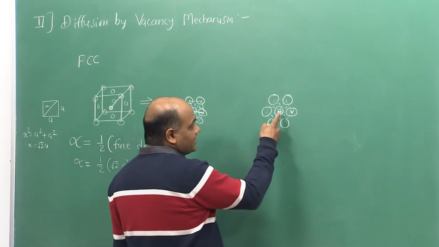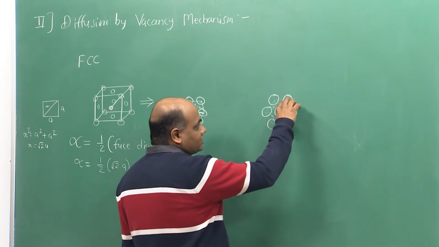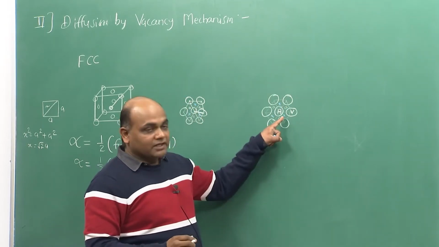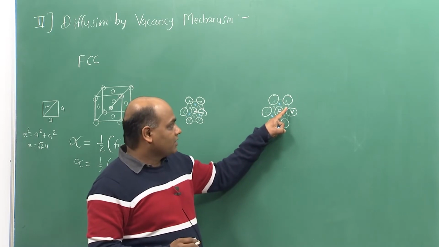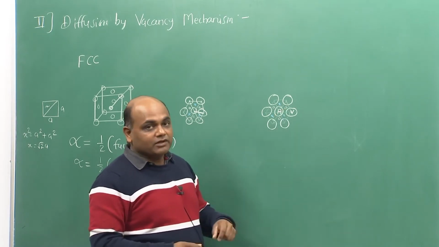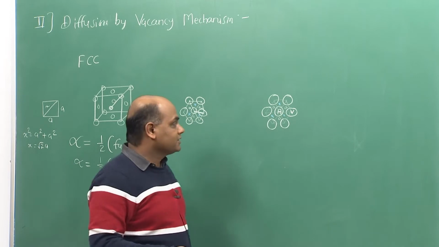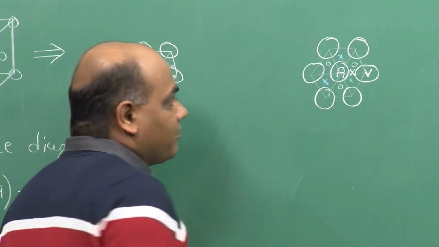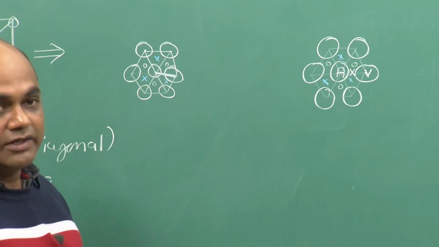We can see that these two atoms have to be pushed apart. Similarly, there is one atom on top and one atom at the bottom, which also have to be pulled apart. So, the saddle point would be somewhere in between.